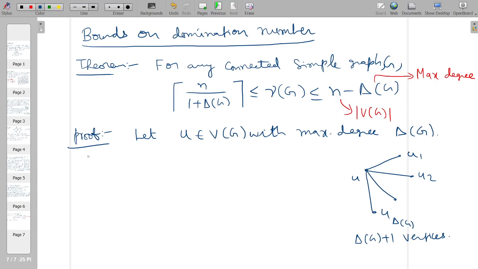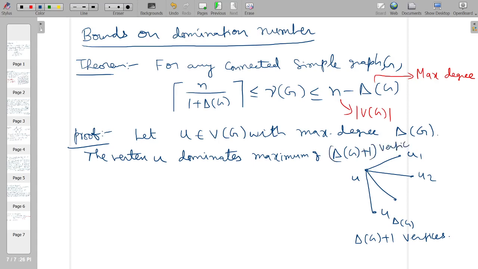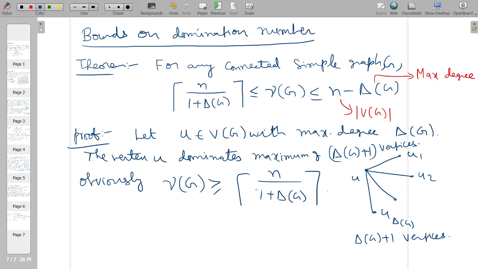Okay, so I will write it like this: the vertex u dominates a maximum of delta of G plus 1 vertices. So obviously your domination number should be at least the ceiling of n by 1 plus delta of G. So the first part is easier, and similarly the second part is also easier.